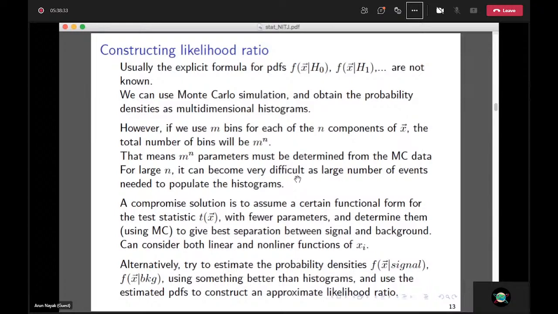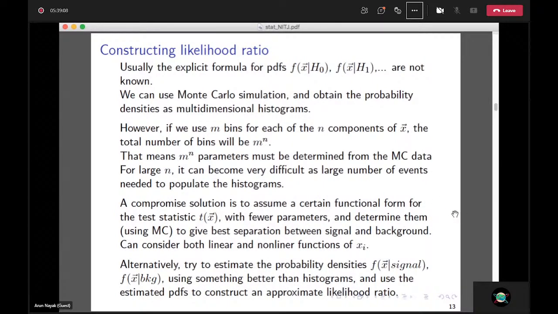So you can have a compromise solution, assuming a certain functional form for the test statistic with fewer parameters, and you can determine such parameters using Monte Carlo simulation, which gives the best separation between signal and background. Alternatively, there are ways to estimate the probability densities using something better than histograms, and use the estimated PDFs to construct an approximate likelihood ratio.